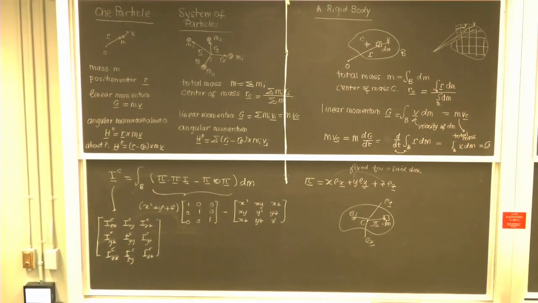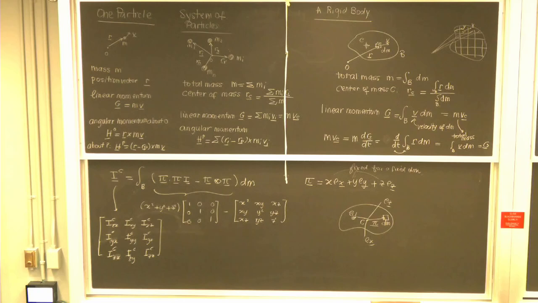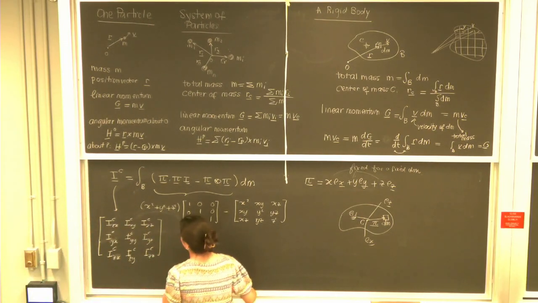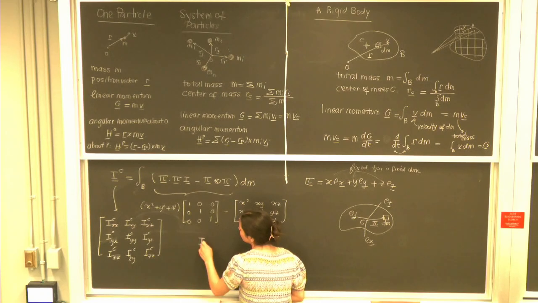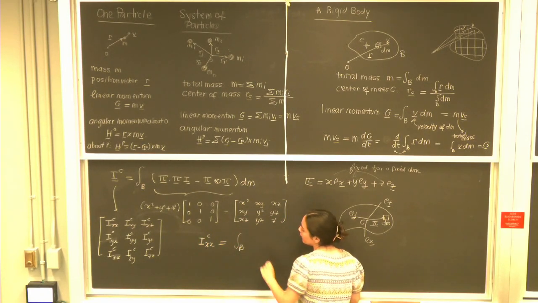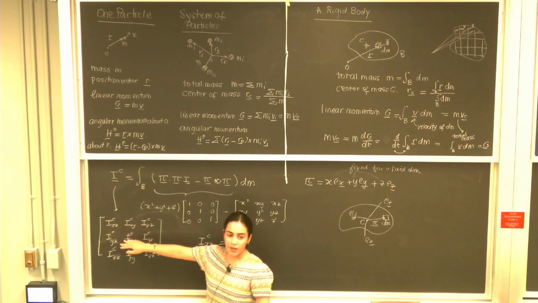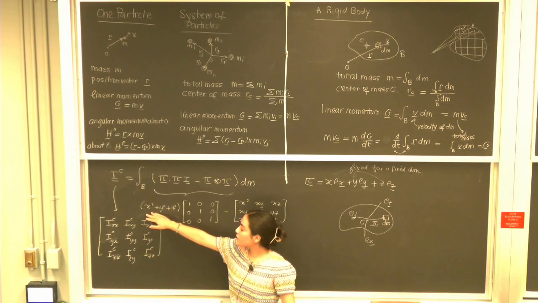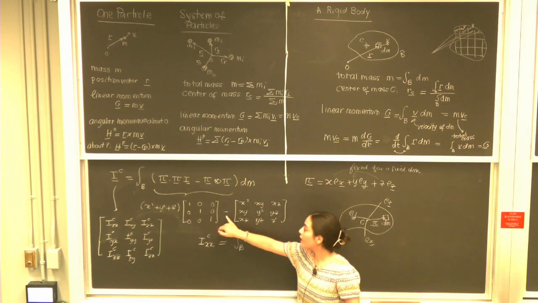Okay. So then if we take one component, for example, if I consider just IXX about C, what is it equal to? The integral of what? IXX is the first component. So that's going to be equal to x squared plus y squared plus z squared minus x squared.